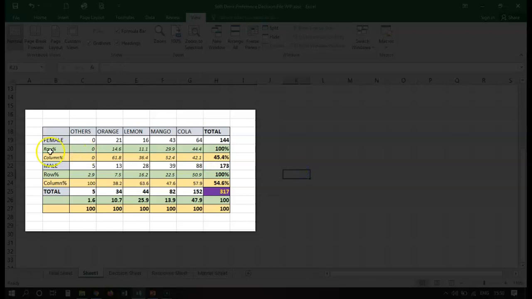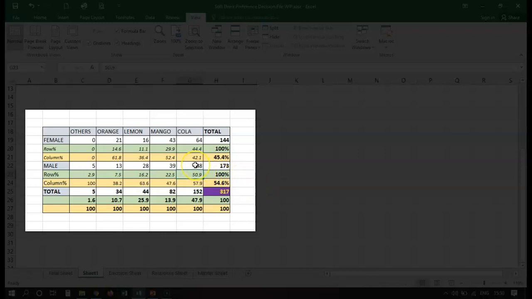So what does it mean? The row percentage is giving us the percentage of them that love cola, the percentage of them that love mango, the percentage of them that love lemon. And for male also, the greens are showing the same thing. 50.9 is the percentage of what?